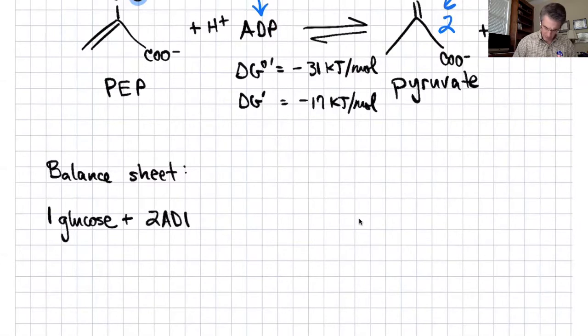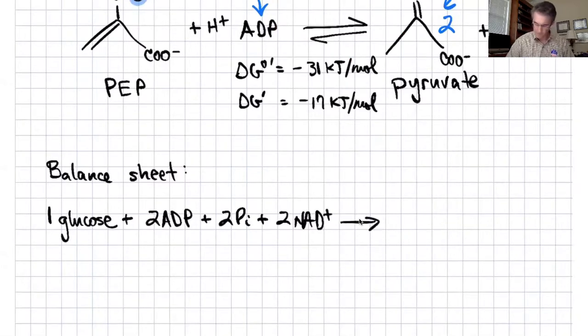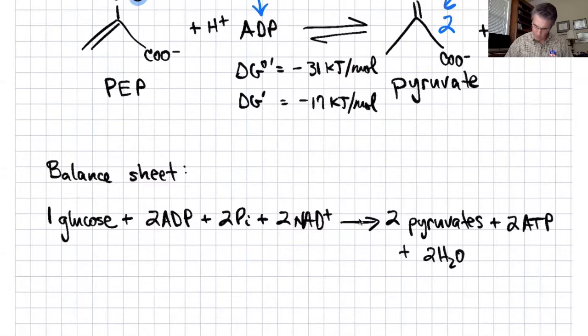Let's just think about this from the gross production, and I'll come back to the overall balance in a second, plus 2 inorganic phosphates, plus 2 NAD pluses, and that gave us 2 pyruvates, plus 2 ATP, plus 2 waters, plus 2 NADHs.